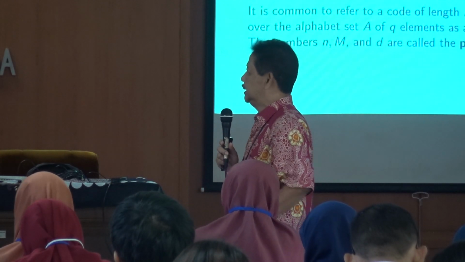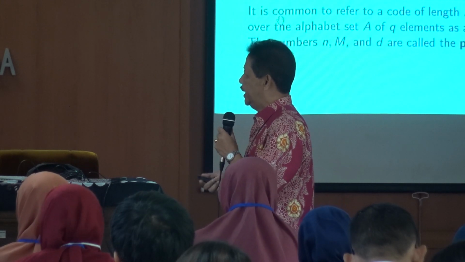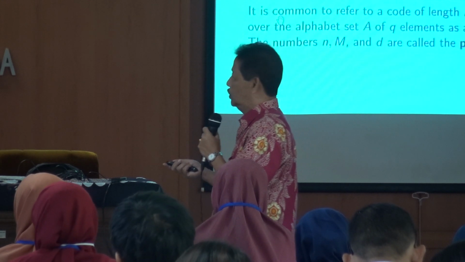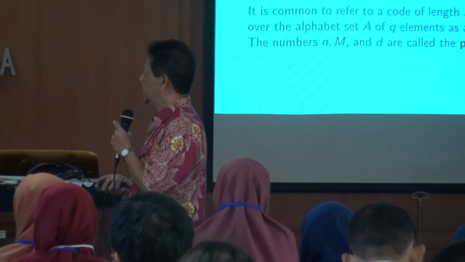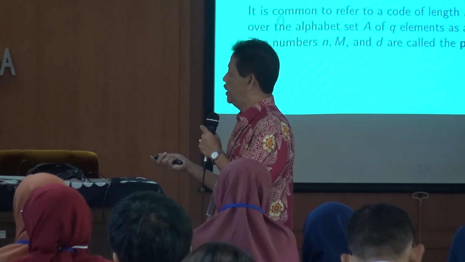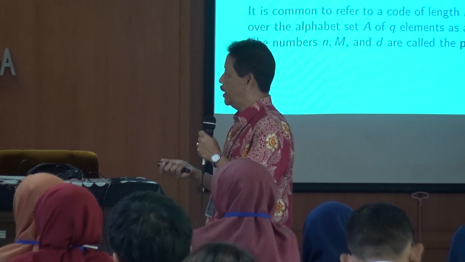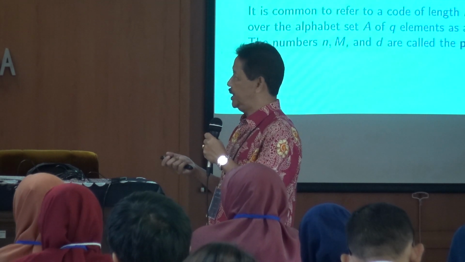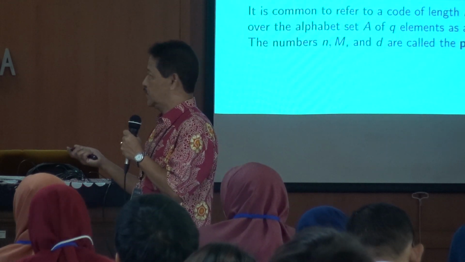Minimum distance: for a code C of size at least 2, the number of code words is at least 2, its minimum distance is defined by the minimum of d(x,y), where x and y are in C and x is not the same as y.